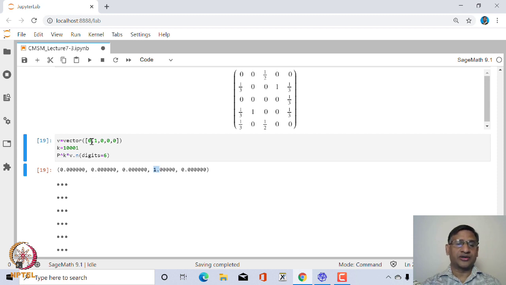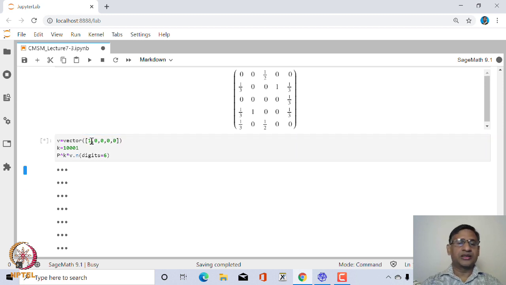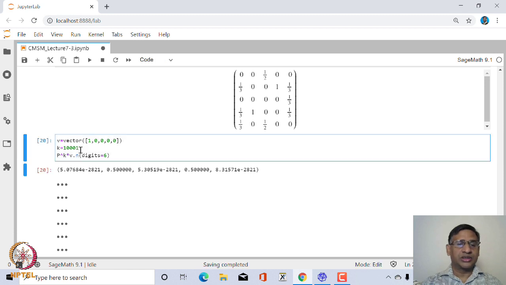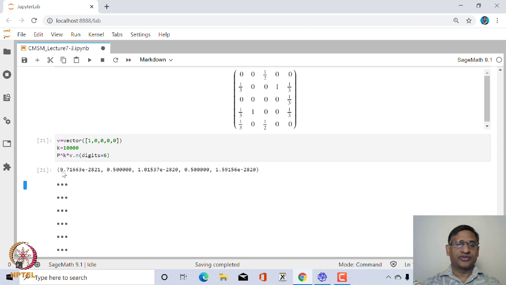If I start with, let us say, website 1 and then see what happens after some 10,000 clicks, you can see here again the probability at the second website is 0.5, at the fourth website is 0.5, and the remaining are all 0.